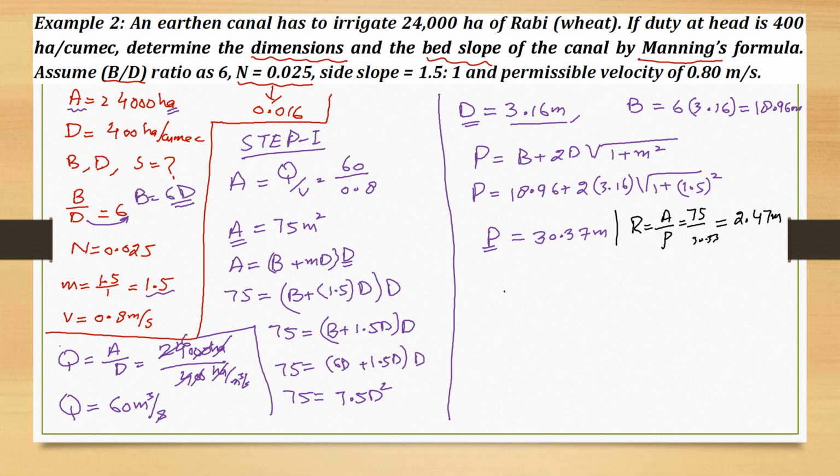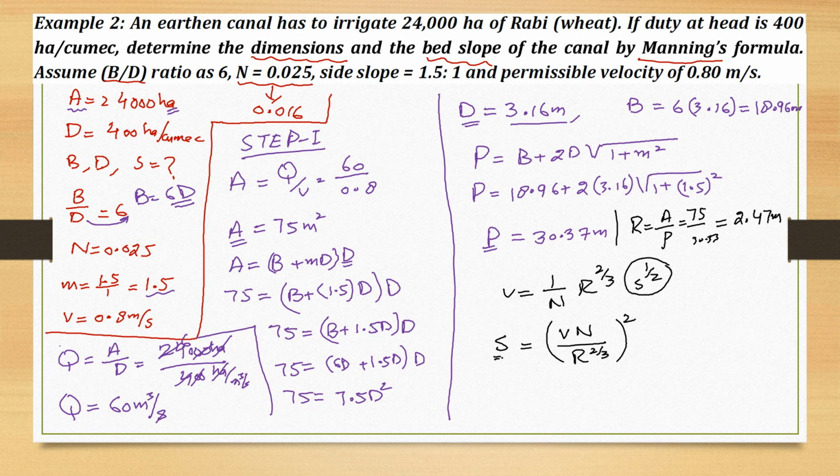So we have a formula, that is Manning's equation, V equals (1 by n) R raised to power 2 by 3 and S raised to power 1 by 2. We have to determine this S. So simply we will rearrange the equation and it will be equal to S equals (V n divided by R raised to power 2 by 3) whole square. This is formula for S.